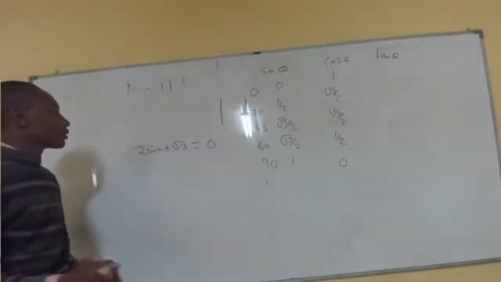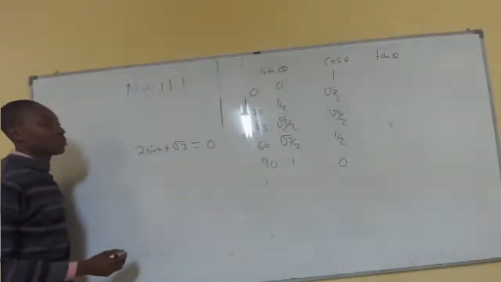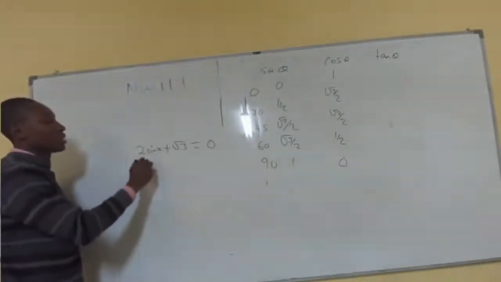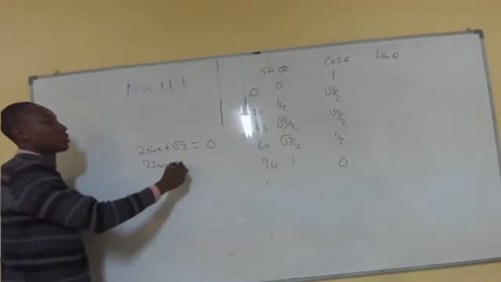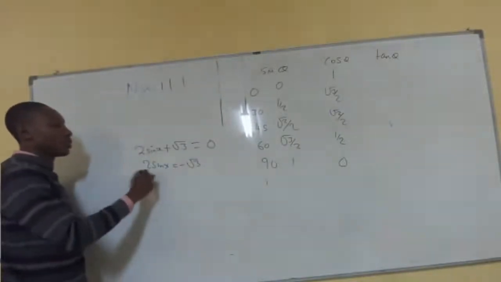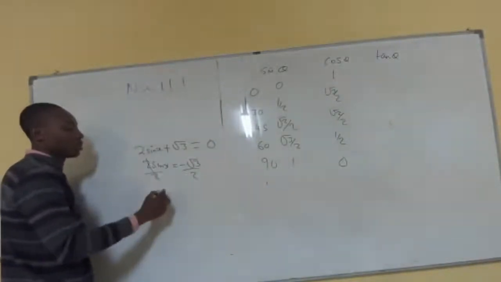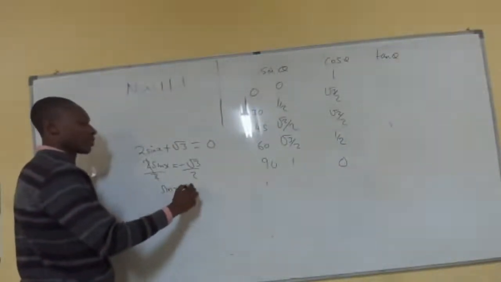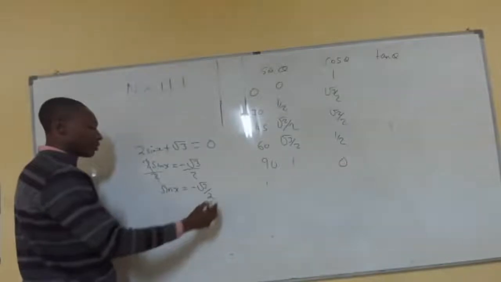So 2 sine x plus root of 3 is equal to 0. What we're going to do is say 2 sine x is equal to negative root of 3, so sine x is equal to negative root 3 over 2.